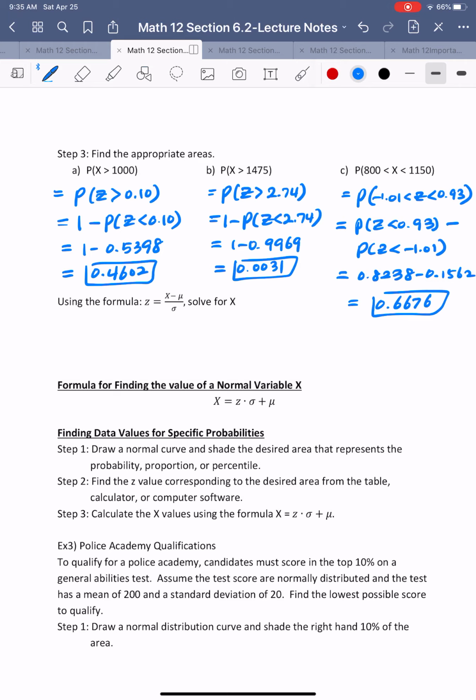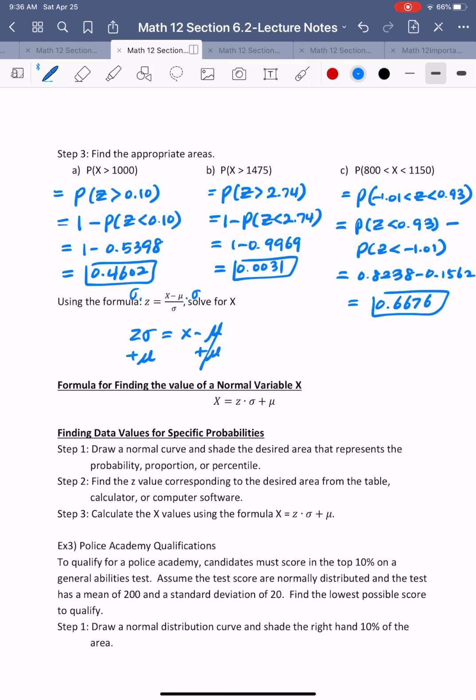Okay, the formula for finding the value of x from a normal value. You just need to solve for x here. In order to solve for x, you multiply by sigma on both sides, so you get z sigma equals x minus mu, and then add mu to both sides.